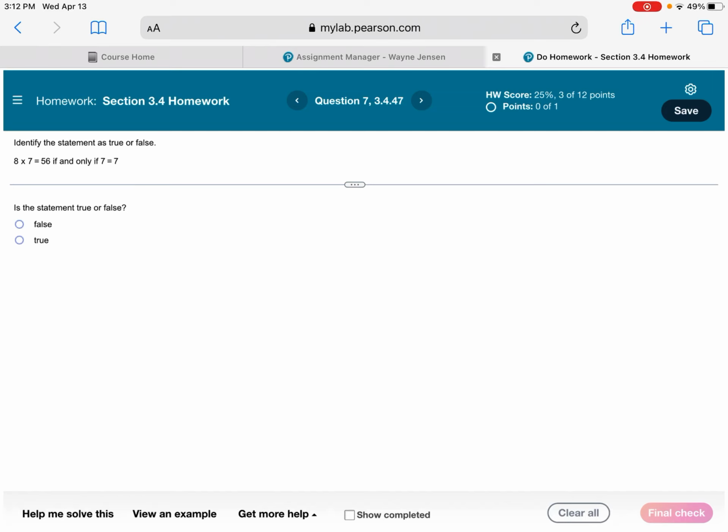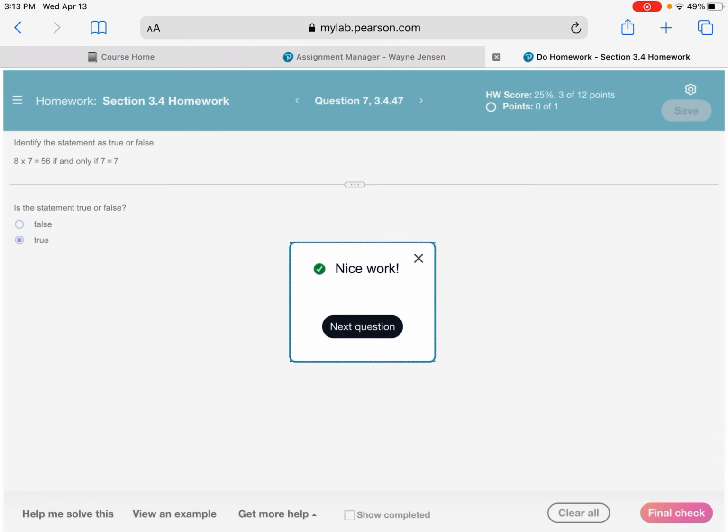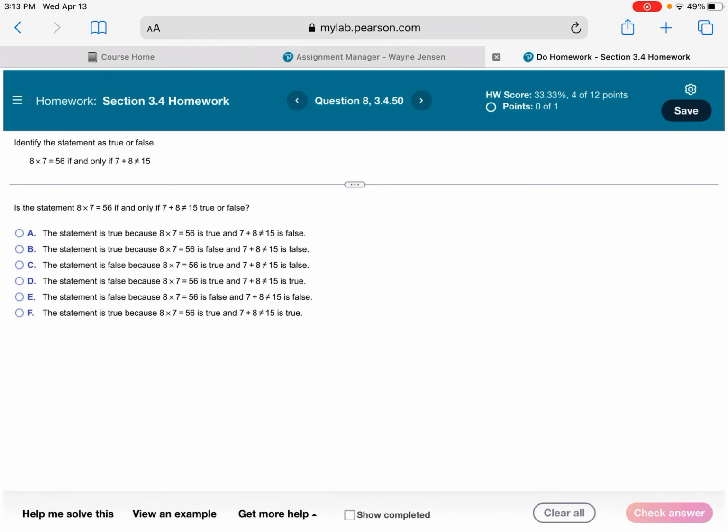Now, if and only if, remember, they either both have to be true or both have to be false. So 8 times 7 is 56. 7 equals 7 is a true statement. So it's a true and a true. So that's going to be a true statement. Final check. So we'd be looking there. So remember, the if and only if is the biconditional statement.